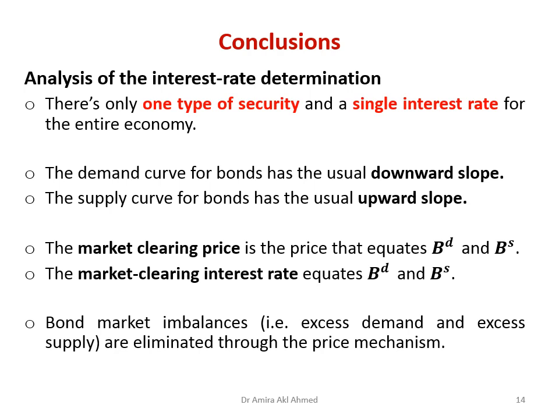In contrast, at lower prices than the equilibrium price, the bond market suffers from excess demand. These imbalances are eliminated through the price mechanism in which the bond price adjusts to restore the market equilibrium.